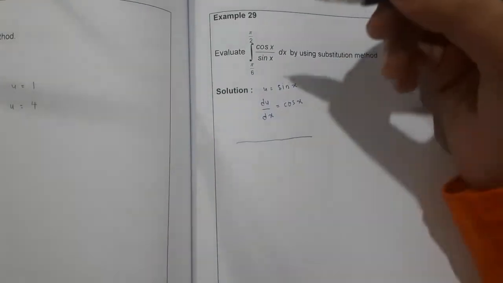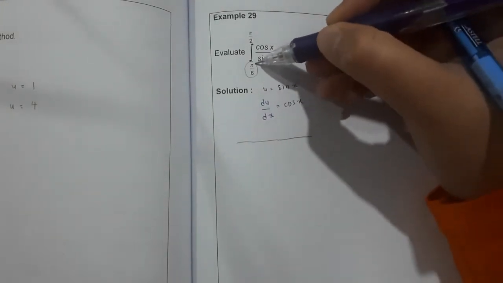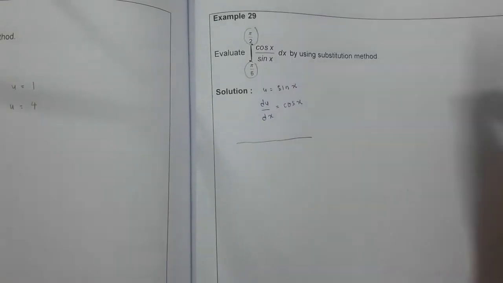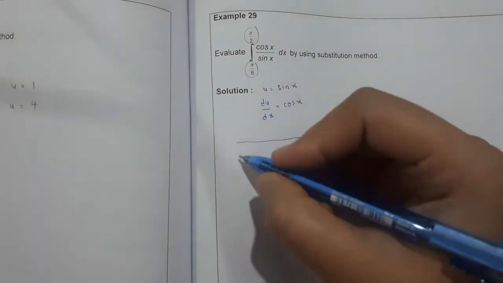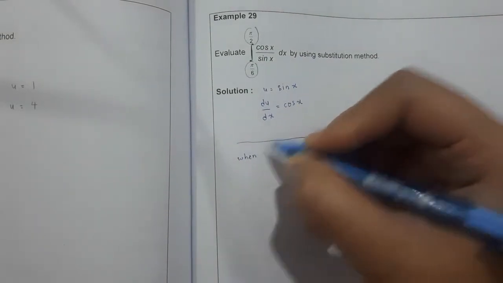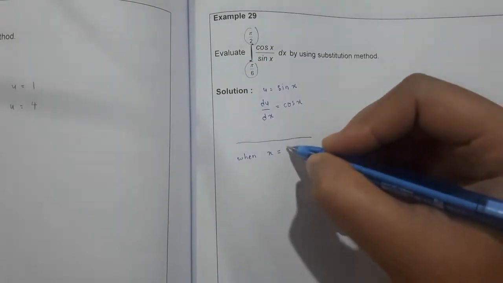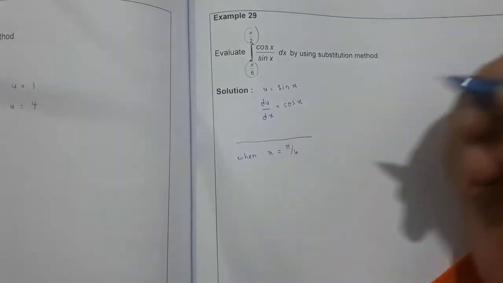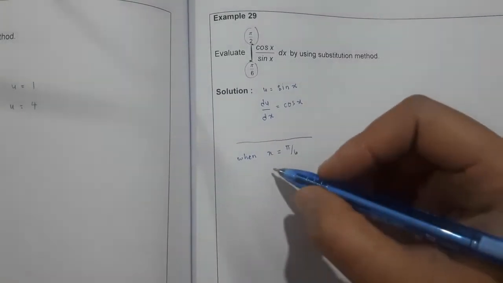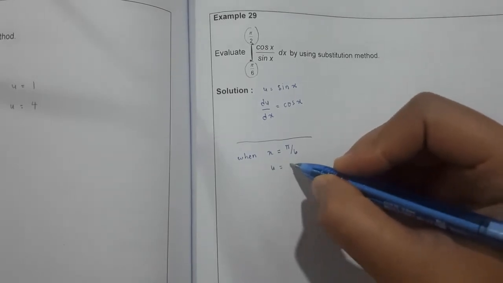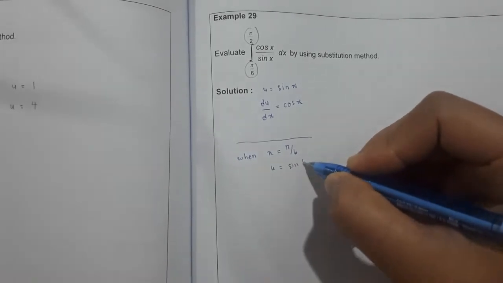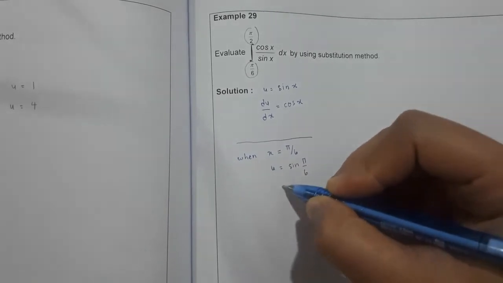Okay, we can do the same for the limit. When x equal pi over 6, u equal sine pi over 6.